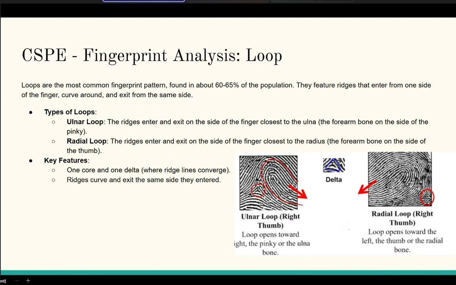So there are two types, the ulnar loop and the radial loop. They're sort of opposites. If you see right here what I was talking about, they enter from one side, they curve around the finger, and then they exit out the same side. And here it's the same thing. They have one core and one delta, so here we can see the delta right here, and the core here.